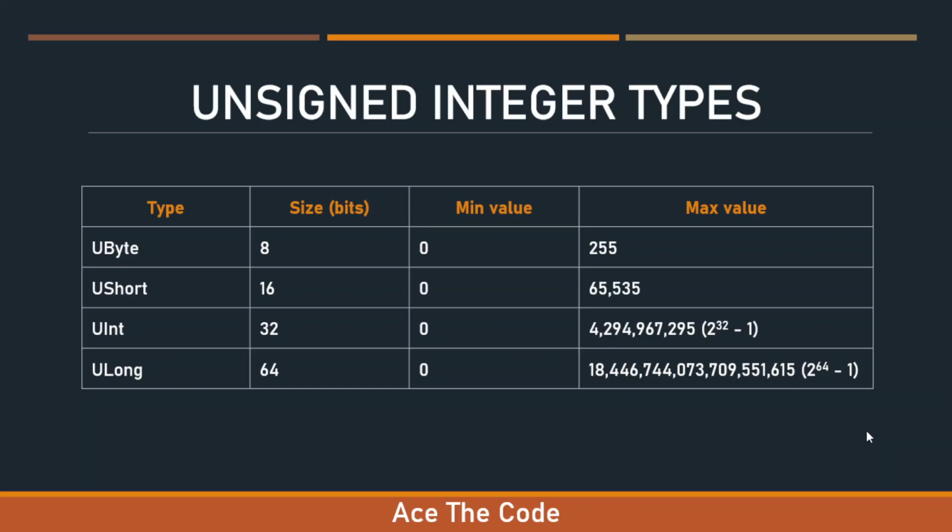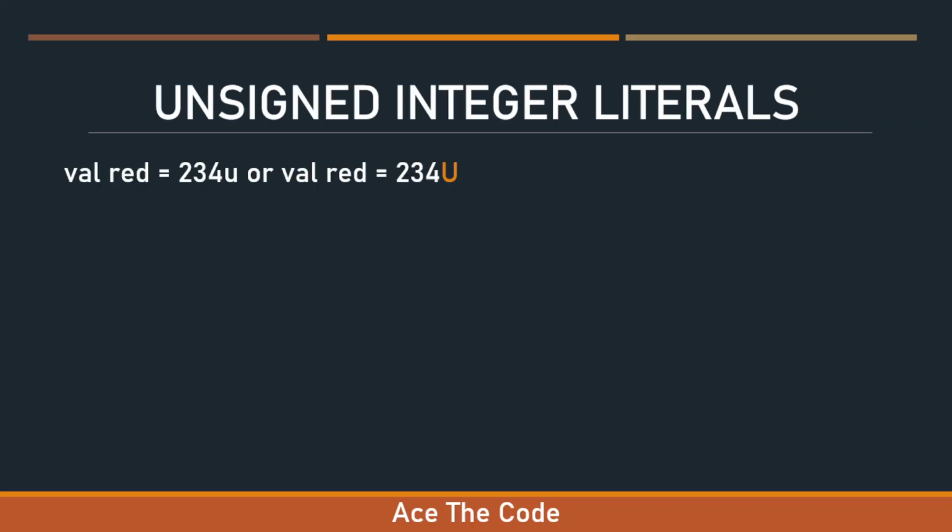So when we are using unsigned integer in a binary representation, the one bit that is used for storing the sign of that variable now will be used as a part of data, and hence we have this increased range. To declare literal values for unsigned integers, it has to be appended with the character u. It can be capital U or it can be small u.